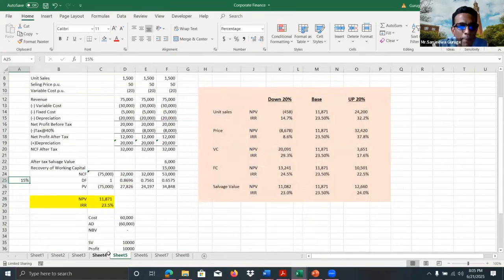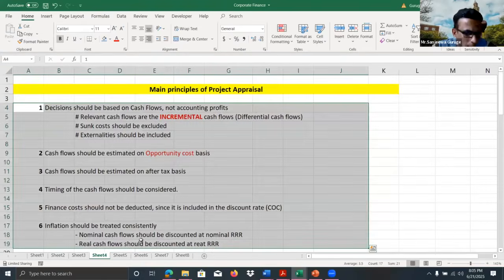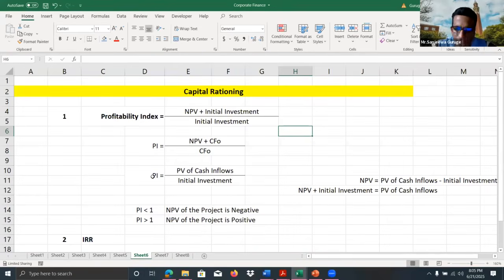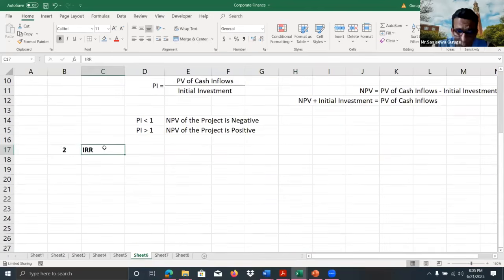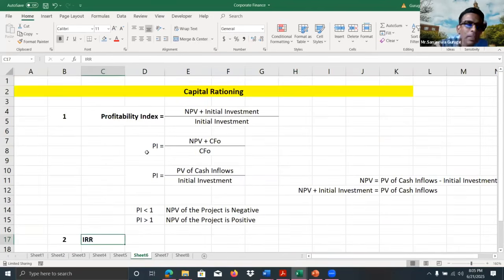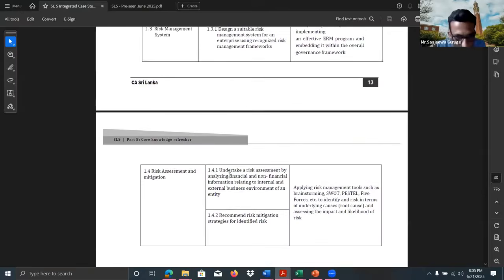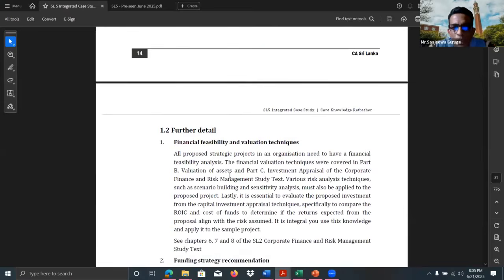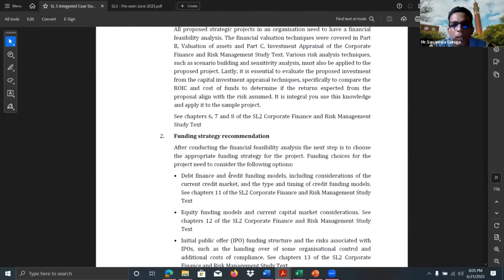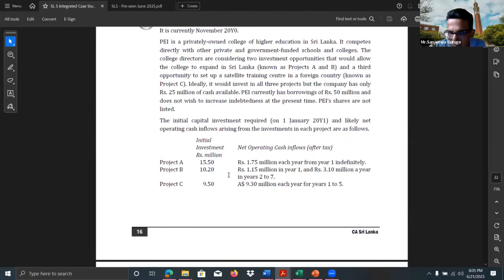Okay, and you all know how to calculate and interpret, especially in a capital rationing situation, as I already mentioned, the profitability index and IRR. Using these two techniques, even in some of the examples given in the study text relating to project evaluation, when there is information related to different projects, it is not correct to rank the projects using NPV.